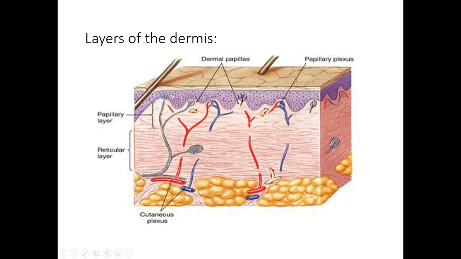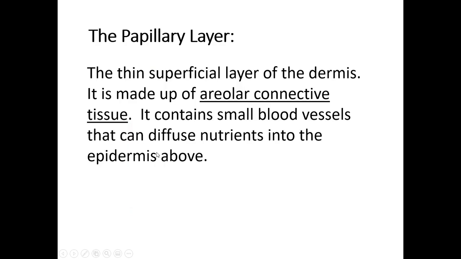Here, closer to and just below the epidermal layer is the papillary layer. Again, it has the presence of the dermal papillae, which are these curves. And then the lower portion, the larger lower portion of the dermis is the reticular layer. So we'll look at some characteristics of each in the next few slides.